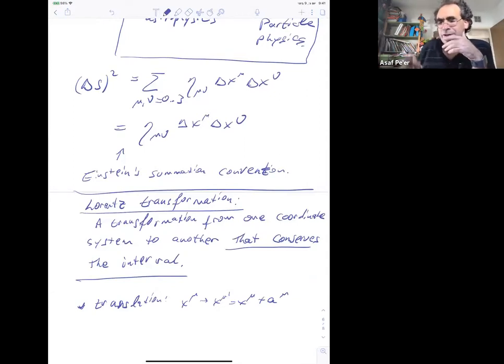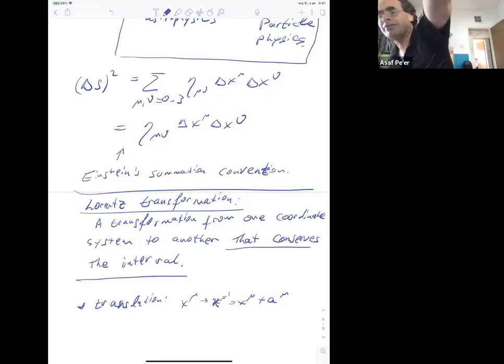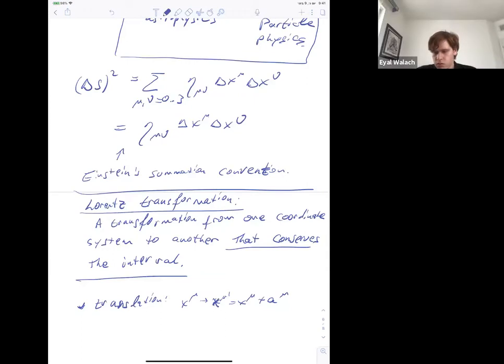I can shift it in space, and I can also shift it in time. If there is somebody here who thinks this gets confusing, stop me and let me know. I'm going a little bit fast because you say that you're familiar with special relativity. I don't know if you're familiar with it in this form, but this is special relativity.